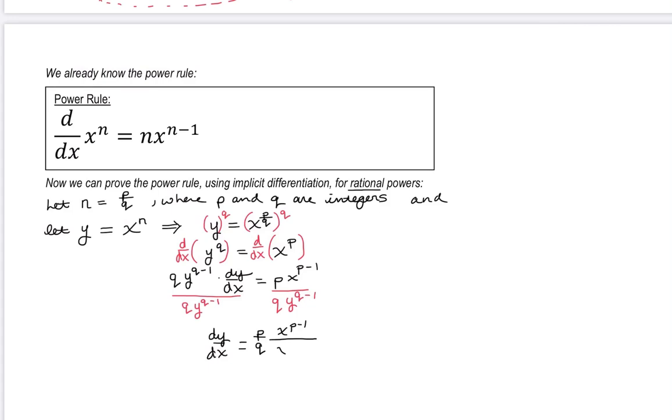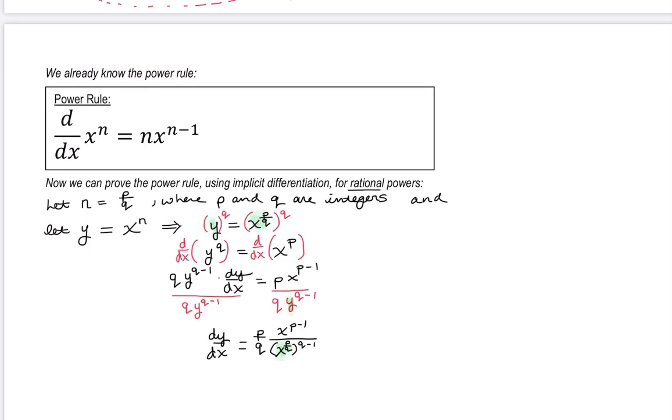So we knew from the beginning that y was equal to x to the p over q, so I am replacing y with x to the p over q. Now, of course, that whole thing is raised to the q minus 1 power. So that's what we have there.